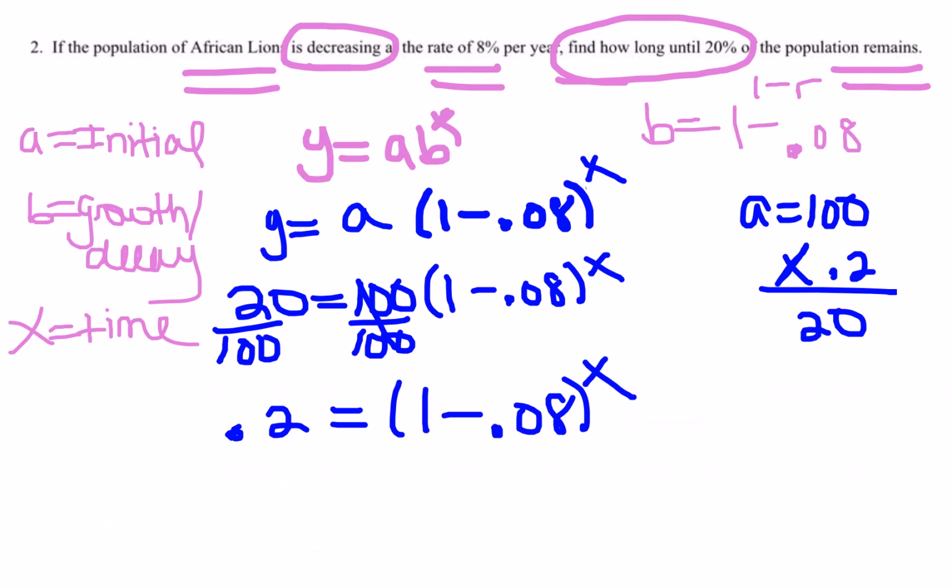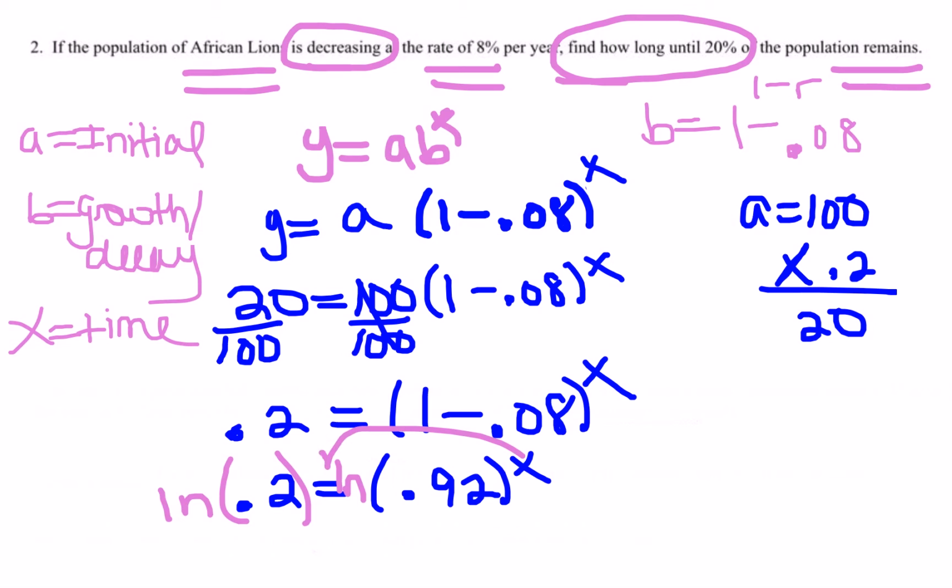Okay, now in order to solve this, I'm going to simplify the inside of my parentheses, and I'm going to get 0.92. And again, I want to solve for my variable, which is x, and it is in the exponent, so I need to utilize my rules of logs in order to bring it down. I'm going to use ln for this one. Again, you can use log if you prefer that. The x will come down, and you will now have ln of 0.2 equals x times ln 0.92.